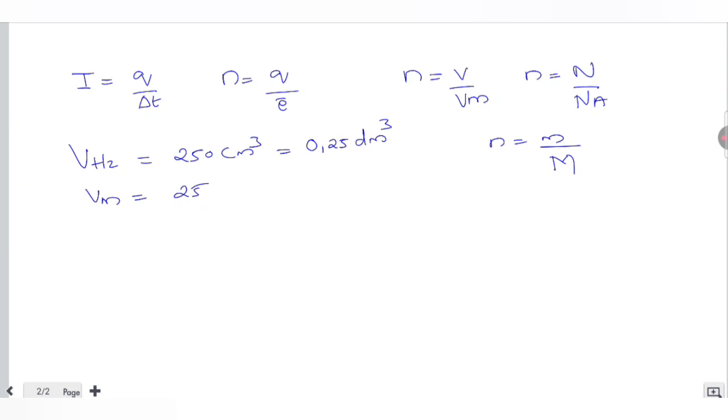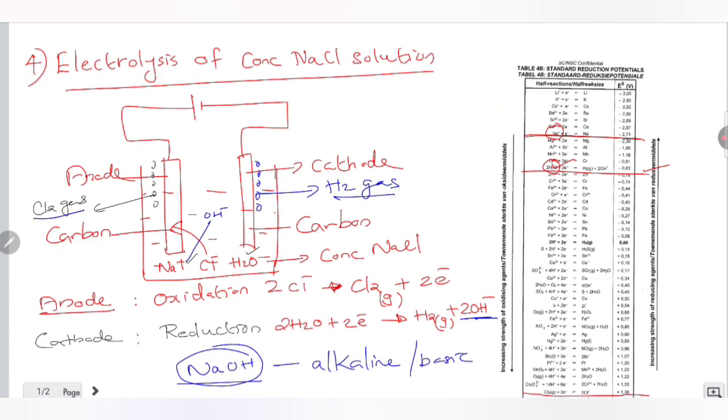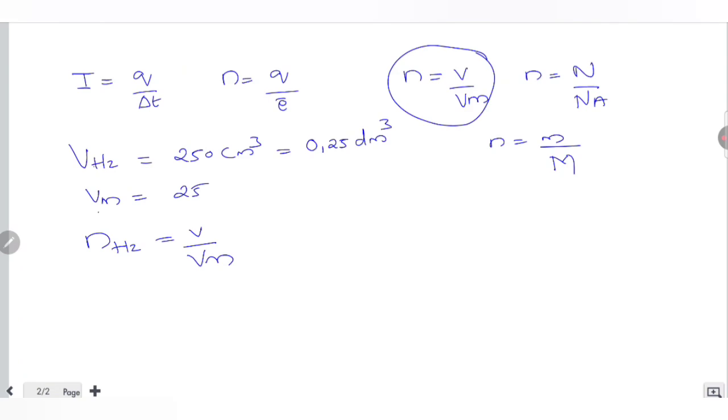So in this case, when you have V and Vm, you can calculate the number of moles of hydrogen using V over Vm. And then you must look at your table. You can see this is the hydrogen one, right? Hydrogen gas. So you must look at the reaction between hydrogen gas and the electron, okay? The ratio is 1:2. So once you get the number of moles of hydrogen gas, we can calculate the number of moles of electrons using the ratio.